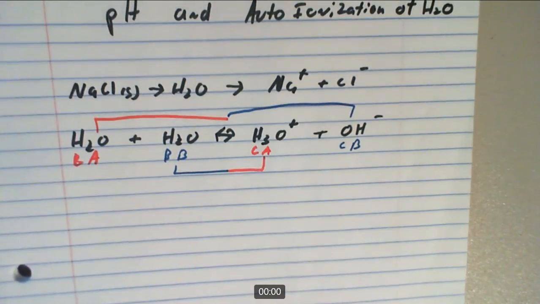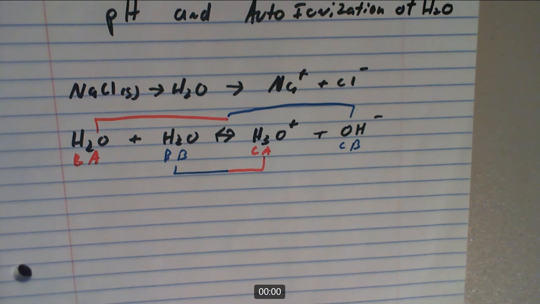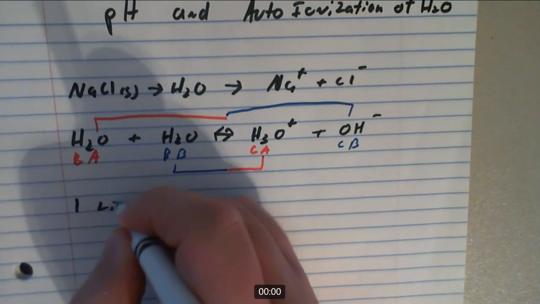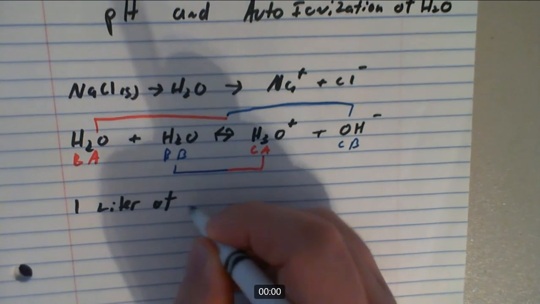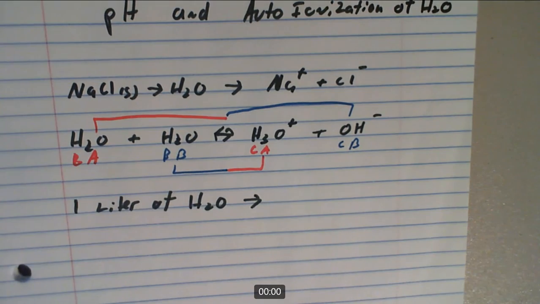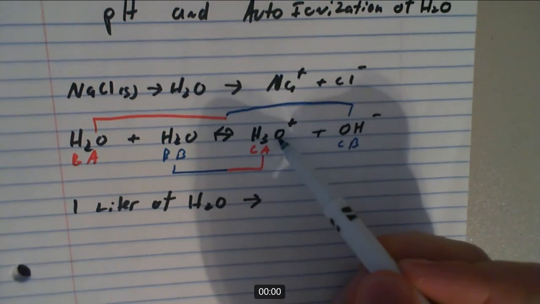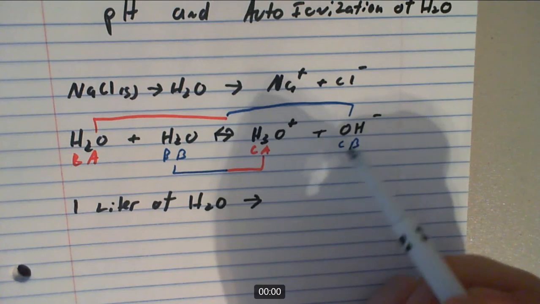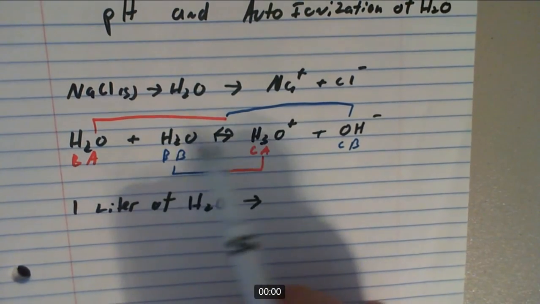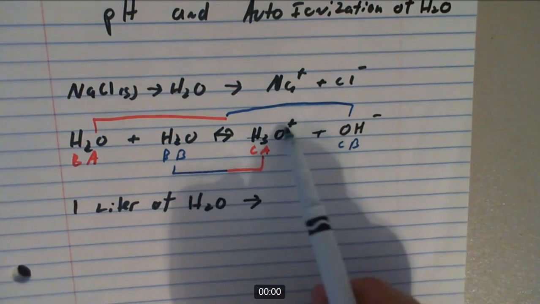Matter of fact, if I am at room temperature and I have 1 liter of water, how much of that is going to be hydronium, and how much is going to be hydroxide? They're going to be equal amounts, because if you make one of these, you make one of those.